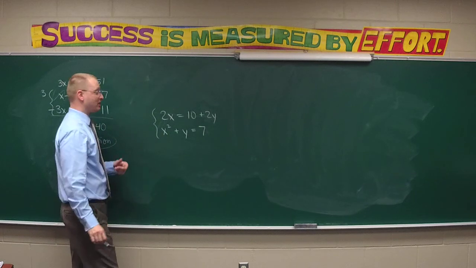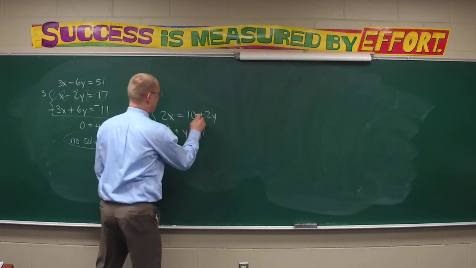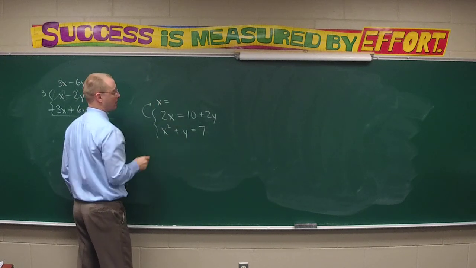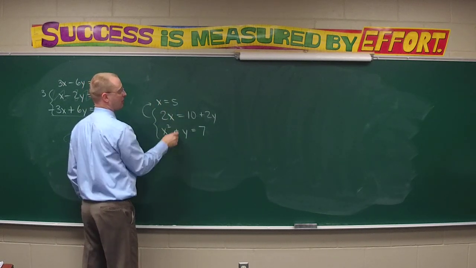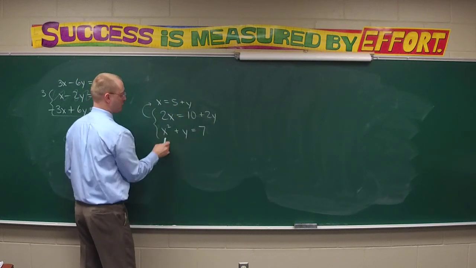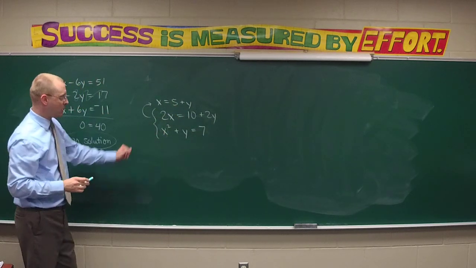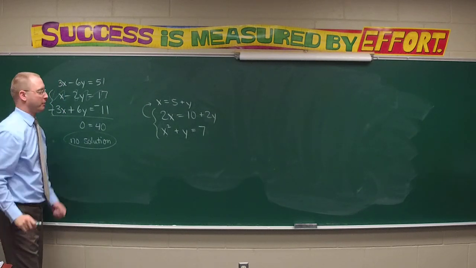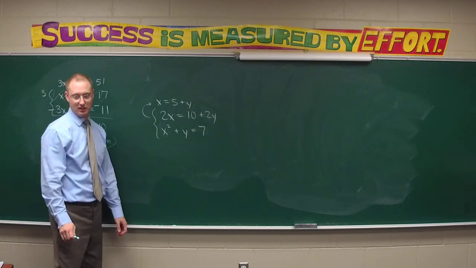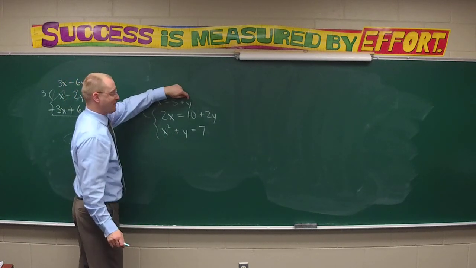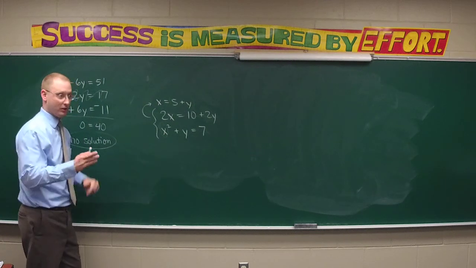So what does your top equation become? x equals 5 plus y. There we go. And now I could take 5 plus y and plug it in here for an x. I don't really want to, but I could do that. What would be our other path that might be a little easier? The y by itself. Now that we've got the 2 knocked out, the y by itself actually doesn't look too bad, Kendall.